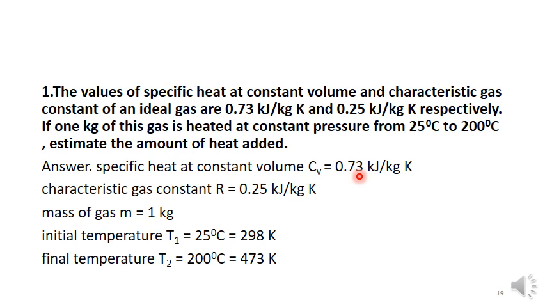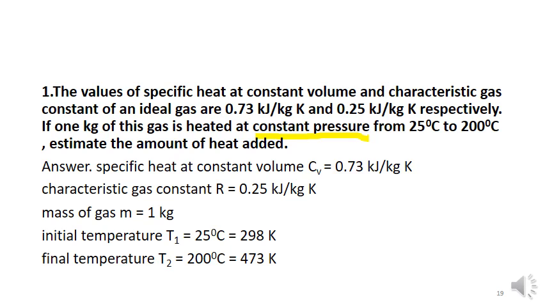Mass 1 kg is heated at constant pressure. So here they have given the condition. I am highlighting that it is constant pressure. So the thermodynamic process is at constant pressure, from 25 degrees centigrade to 200 degrees centigrade.